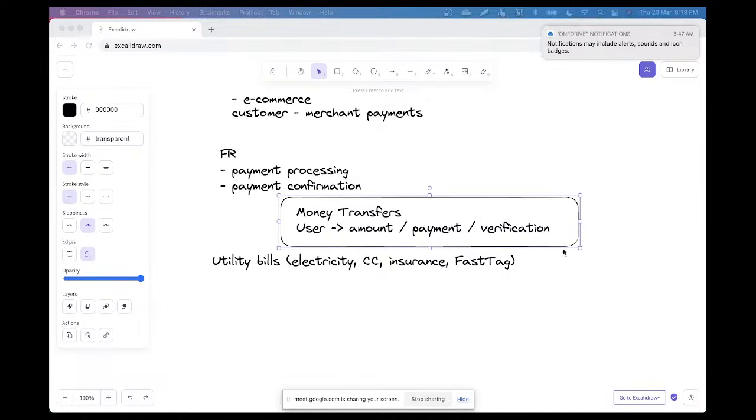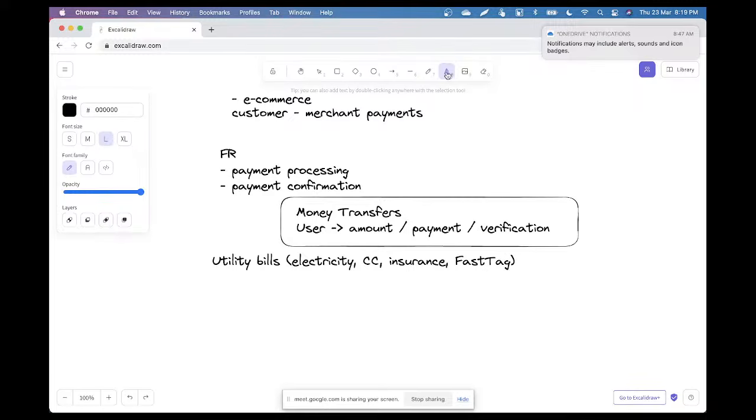Now, if we come to the non-functional requirements, one requirement is that the money transfer should happen instantly, in real time, right? Ideally it should take a few seconds. It can't happen in milliseconds because there are so many parties involved. We saw in the previous diagram that there are 5 parties.